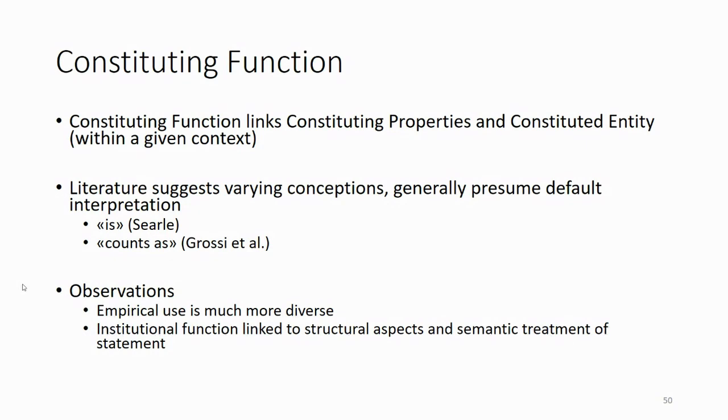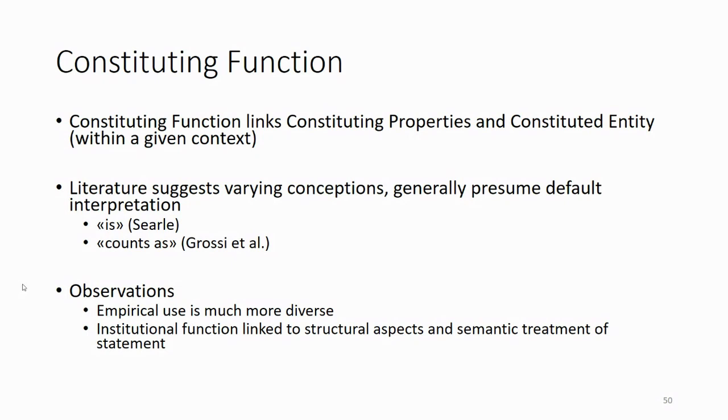And there are, of course, various refinements, such as by Grossi et al., that have a semantically richer characterization as counts as. So something counts as something else in a particular context, if you like. But even though there are various refinements and suggestions for refinements in literature, they generally point to some sort of default interpretation, if you like, of any of such natures.